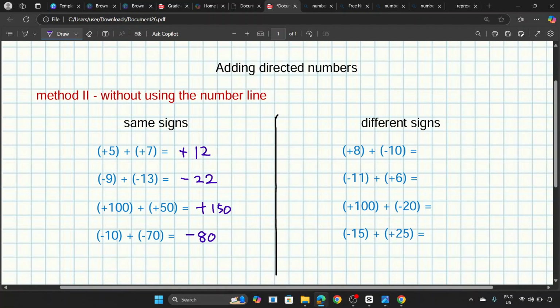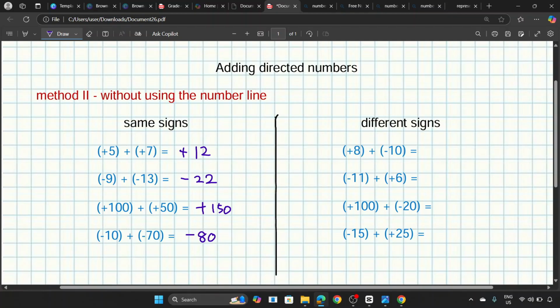In here, we have to check the largest number between these two numbers. What is the largest number between 8 and 10? Just consider the size. Between 8 and 10, 10 is larger than 8. So, the sign is selected by the largest number's sign. You have to select the sign of the largest number.